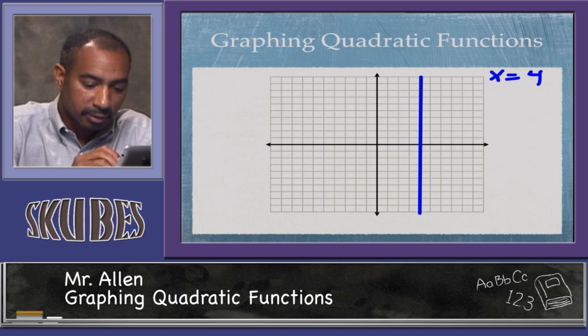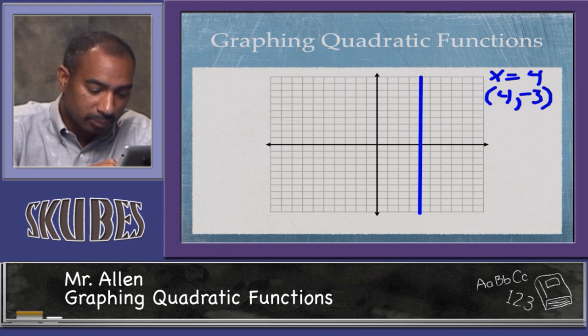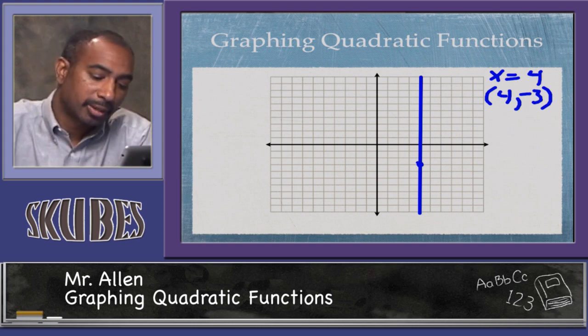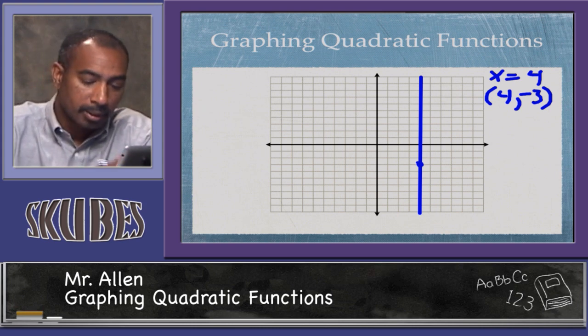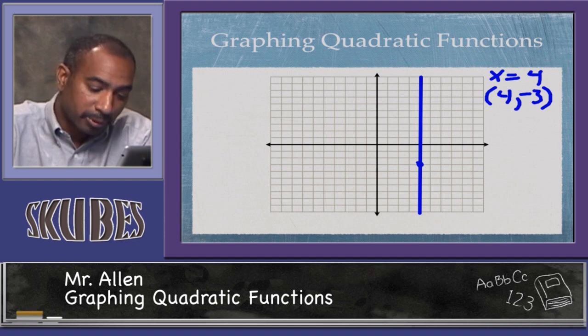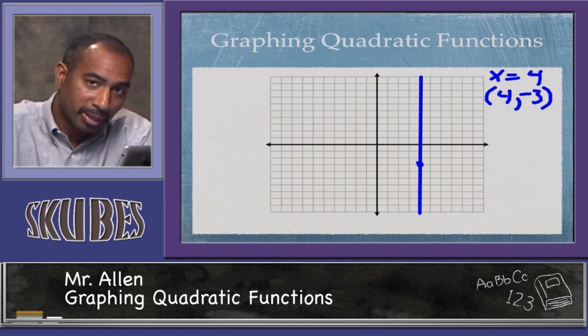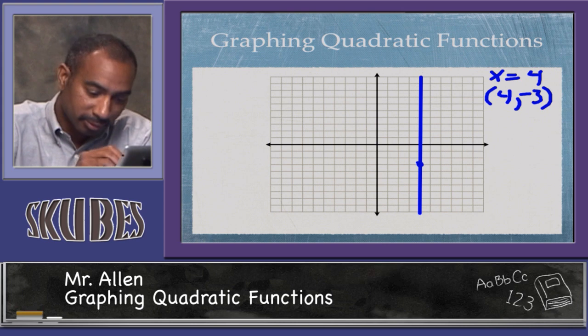All right, and we know that the vertex point is 4, negative 3. So I count over 4, I count down 1, 2, 3. It's the lowest point on this graph. And you want to pick points to the left and right. It's easier if you pick the smaller points, because you can pick the other points by counting over the same distance from the line of symmetry.